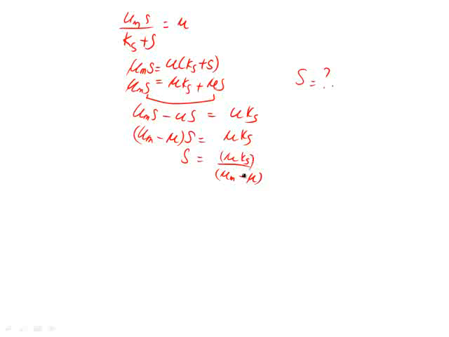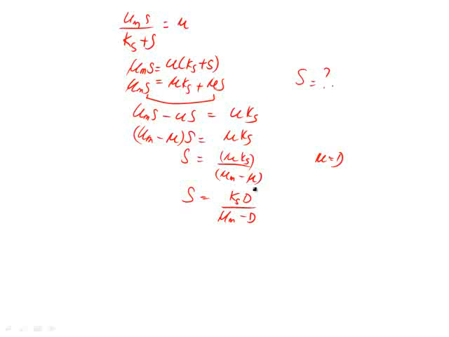That is S. And you know mu is D. So S is Ks times D over mu m minus D. So this is how you derive your S, by relating it to Monod equation.